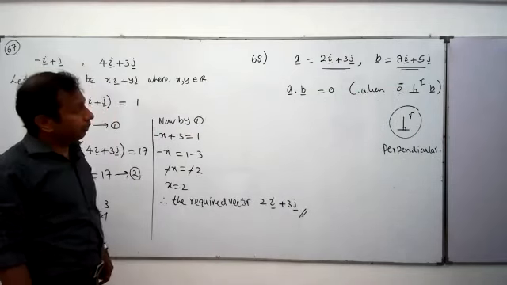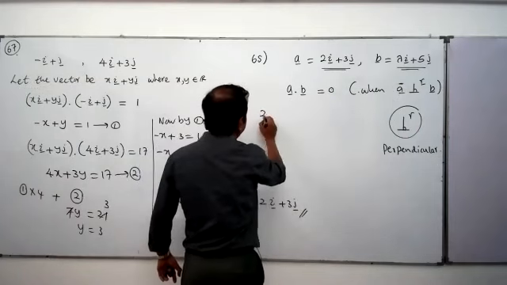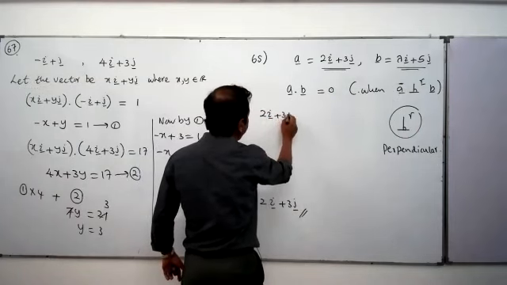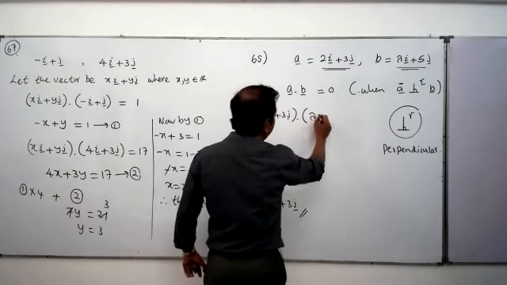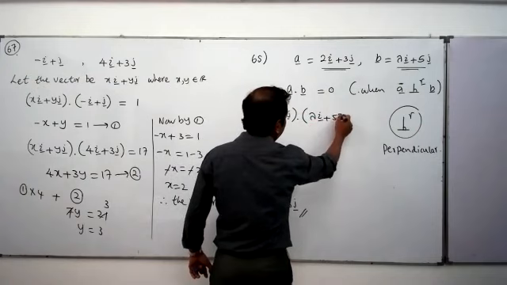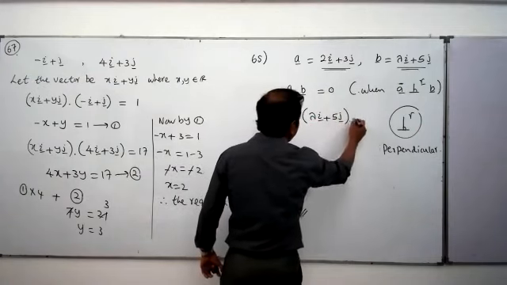Now substitute for this A, it is 2i plus 3j, dot, what is B? Lambda i plus 5j. It should be equal to 0, people.